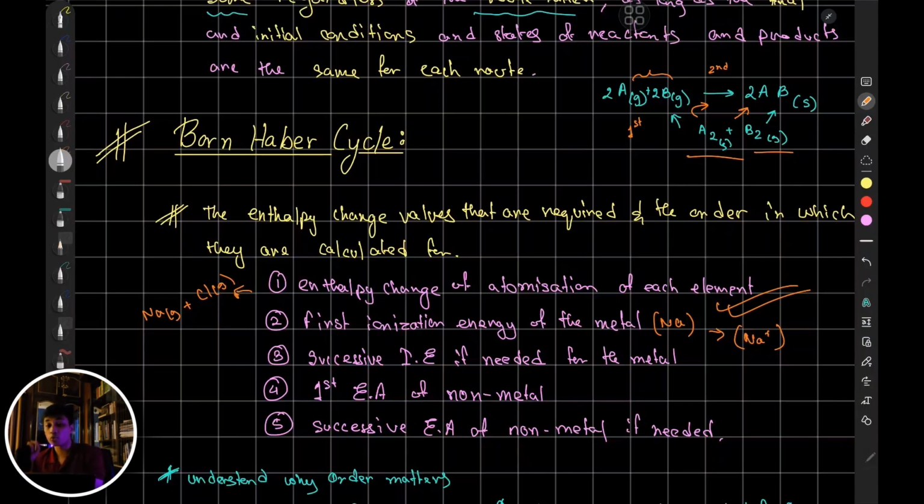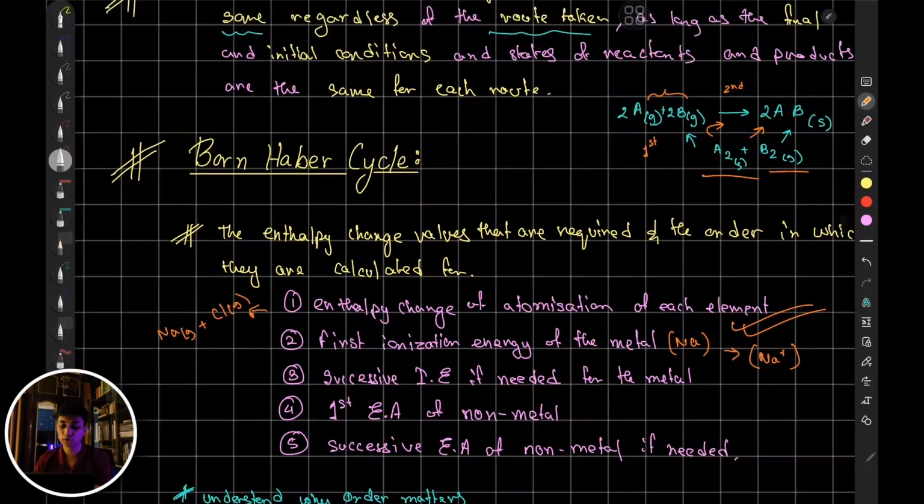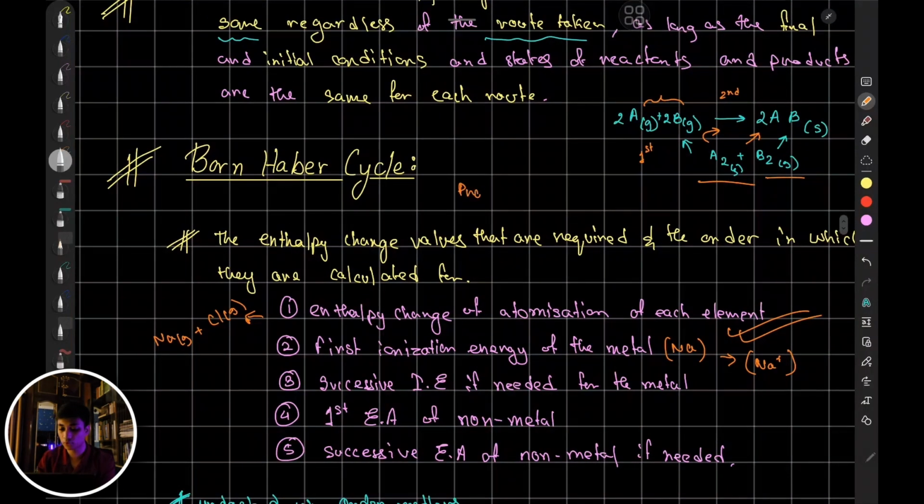Next, in the Born-Haber cycle, right after atomizing, you're doing the ionization process. Why is that the case? You know the end product that you want is NaCl, sodium chloride, where, since it's an ionic compound, sodium has a charge of +1 and chlorine has a charge of -1.